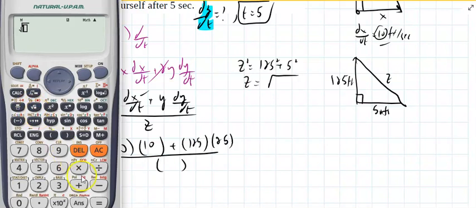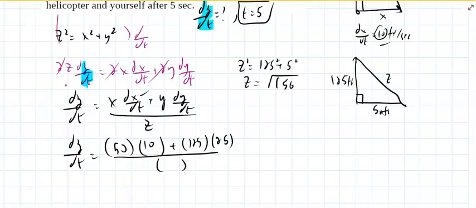And if I take the square root of that answer, is that a whole number? No, it's not. So that is the square root of 15,650, if I didn't make a mistake. You could leave the answer like that on your test.